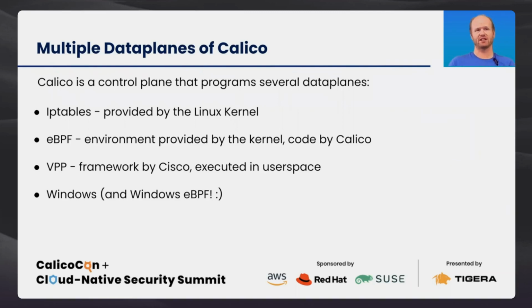Therefore, the eBPF data plane kind of became part of the Calico project itself. Calico also supports other data planes, like VPP that was contributed by Cisco, which executes in user space. And Calico can also run on Windows, and to the surprise, it can also use eBPF there.